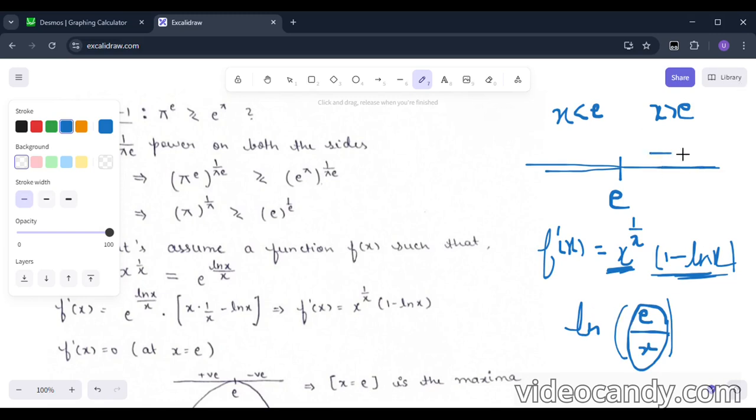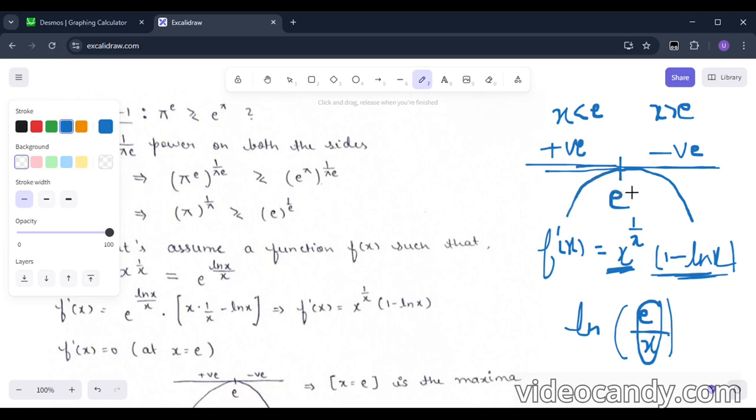So in this region the graph will be decreasing, something like this. But on the other side, which is the x less than e side, if you look at this fraction e by x, this will be something which is greater than 1, and ln of something which is greater than 1 is positive. So in this region the graph will be increasing, just something like this.